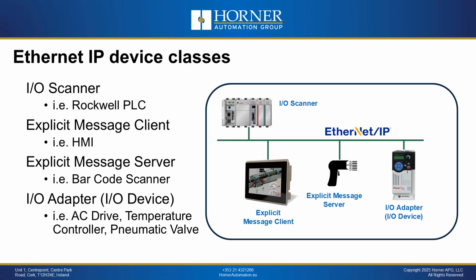And then finally, we have the I/O adapter class or I/O device, which is the most common class. So for things like AC drives and temperature controllers and valve banks, these are devices that provide information to the network and that are looking to be controlled over the network, or at least exchange data over the network, but they are not controlling the network themselves.